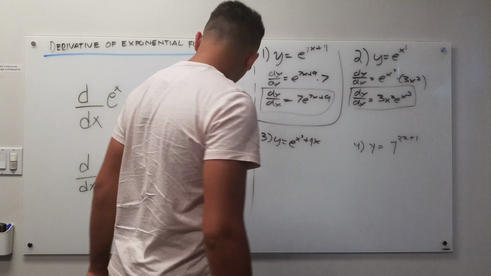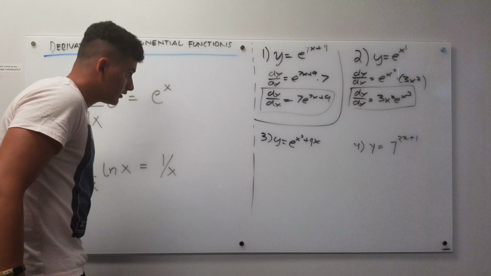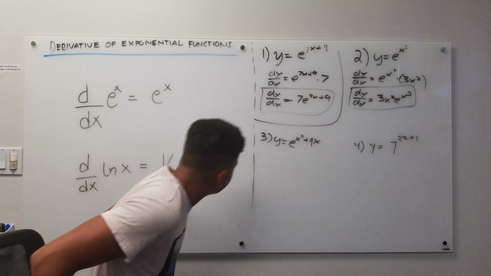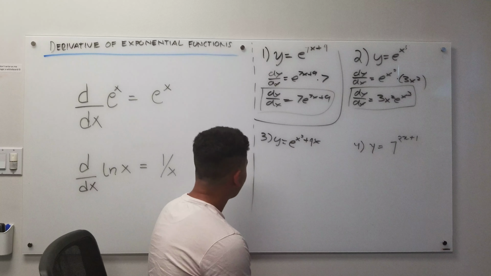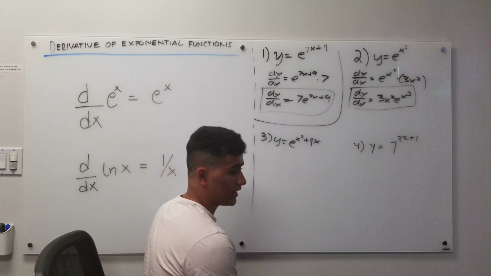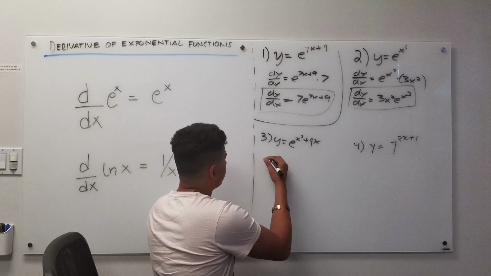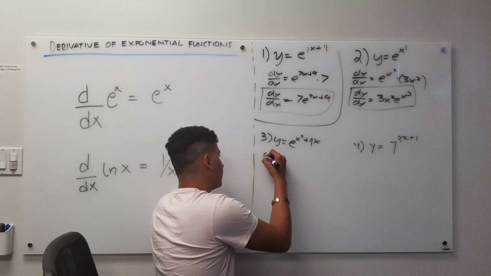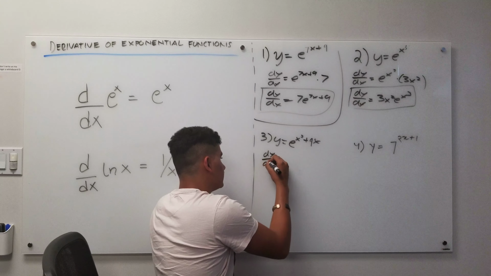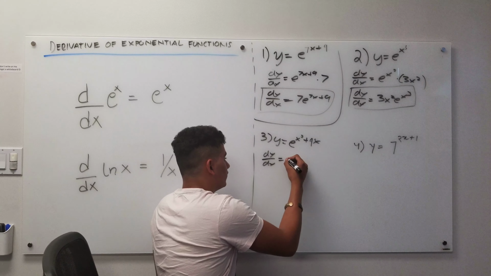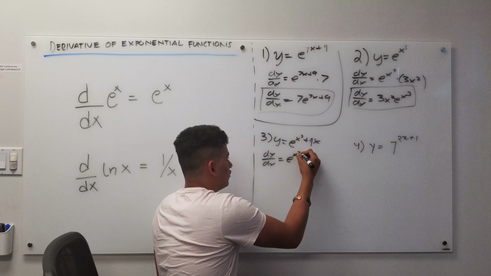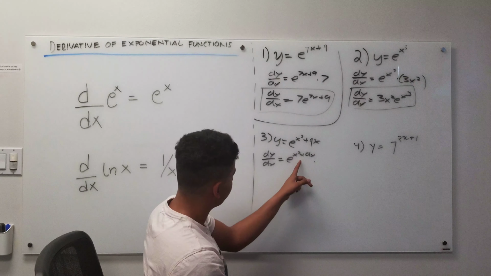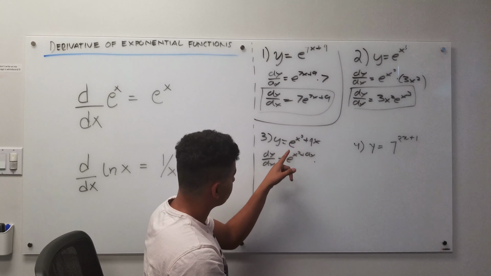Okay. Problem number 3. It's another sort of problem like this, except a little bit more of a complicated function on top. So we have y is equal to e to the x cubed plus 9x. What are we going to do over here? We're going to do the exact same thing we did for the other two problems. dy/dx is equal to e to the x cubed plus 9x times the derivative of that. The derivative would be 3x squared plus 9.